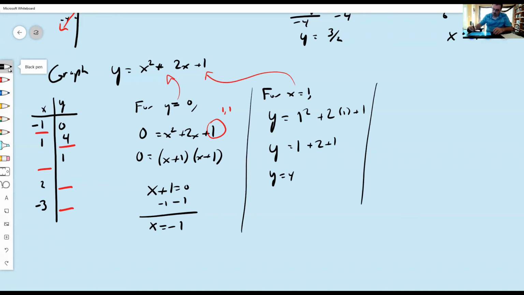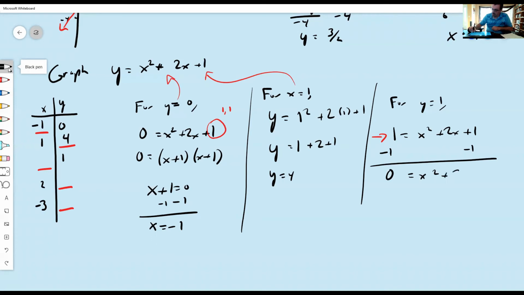The next one, for y equal 1. So I have 1 equals x squared plus 2x plus 1. Now I need to solve this again. If I want to try to factor a quadratic, that means we need to make this side 0. So minus 1, 0 equals x squared plus 2x. Now if I have two terms, either you want to use a special formula or you look for the GCF.